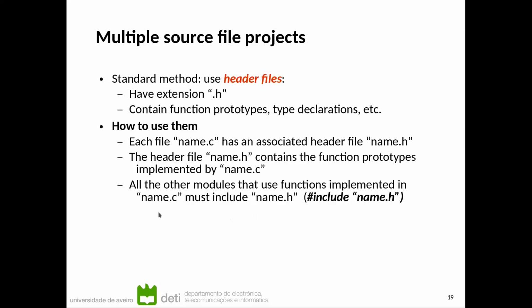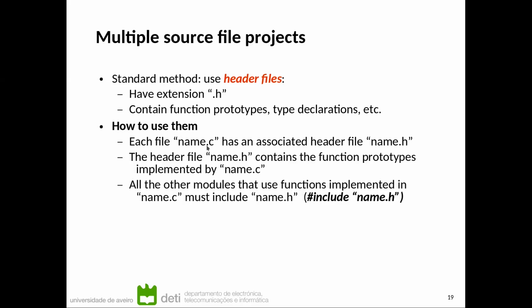So that's why we use header files. So the idea of header files is, for files that have functions defined in them, I have header files with what's called the function prototypes, defining what kind of function it is.